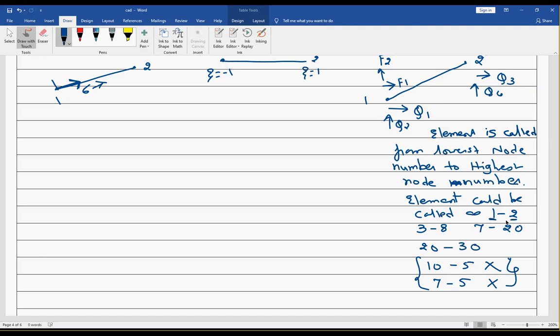So this is the first node, second node, first node, second node, and so on, but the first node always has a lower value than the second node. You cannot use a higher node number and then go back to a lower node number. This is the incorrect way of nomenclature for the truss. Okay, so this you have to understand. Just let me know whether you understood the nomenclature of the truss element.